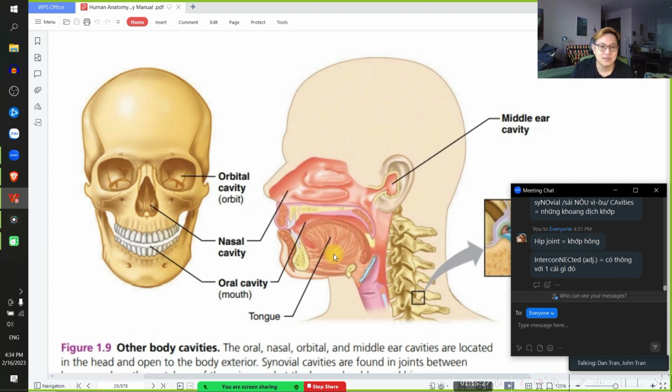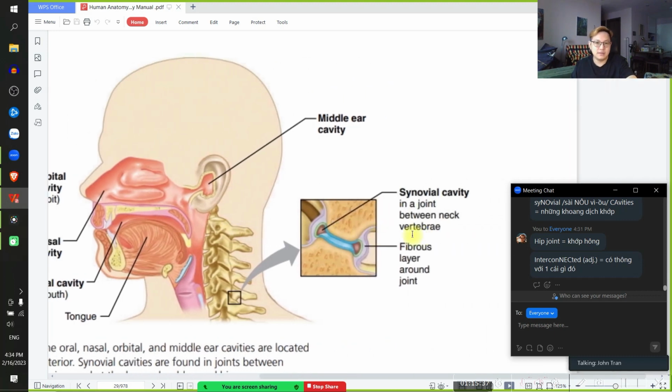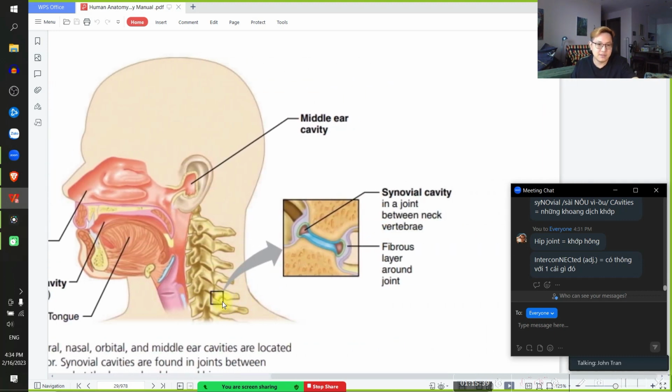So this is the tongue, oral cavity here, nasal cavity here. And here we have the spine. This is the vertebrae. Between them we have the synovial cavity, the joint between the neck vertebrae.